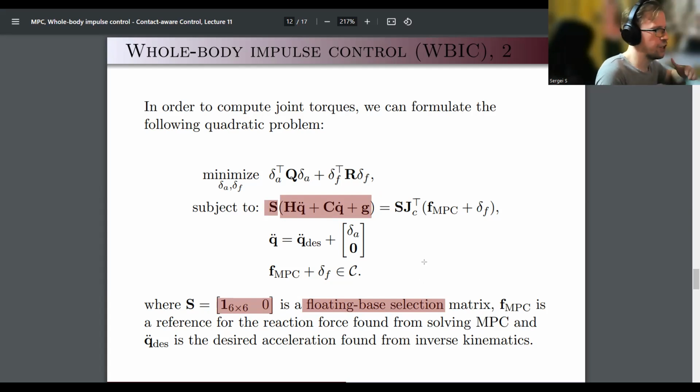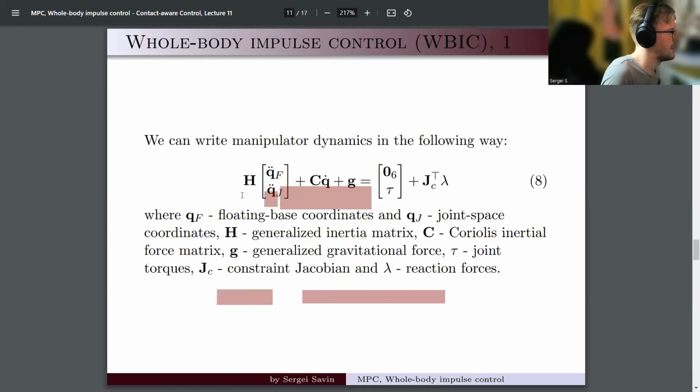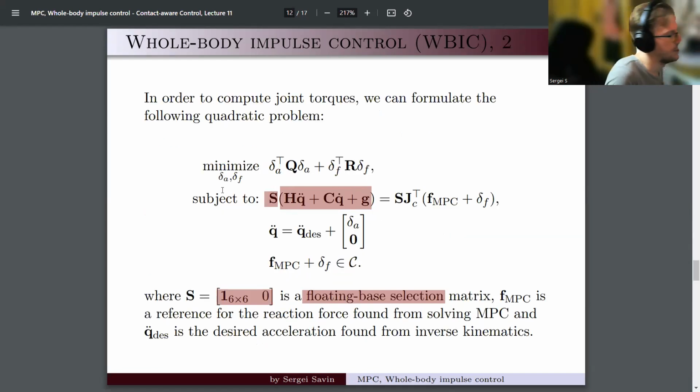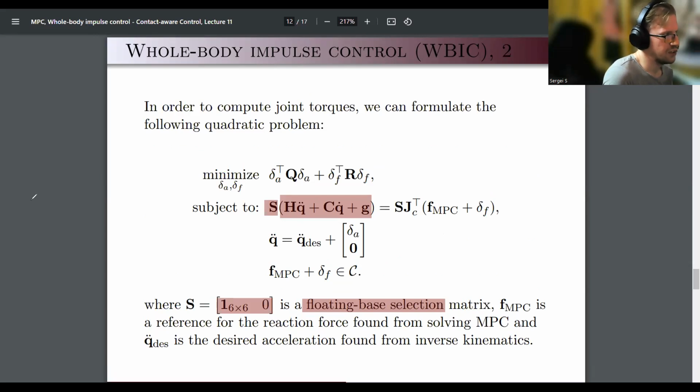Imagine you have a list of equations, you cut everything below 6 and keep the first 6. Why the first 6 equations? Because, remember, last slide, we placed our coordinates in 2 bins, one bin for floating base, one bin for joint space. So the first six equations are floating base equations because we chose our coordinates this way.